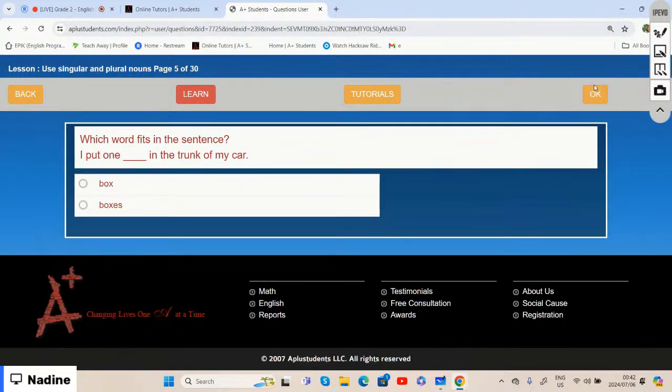All right. I put one, right? Only one. Do we say I put one box in the trunk of my car, or I put one boxes in the trunk of my car?